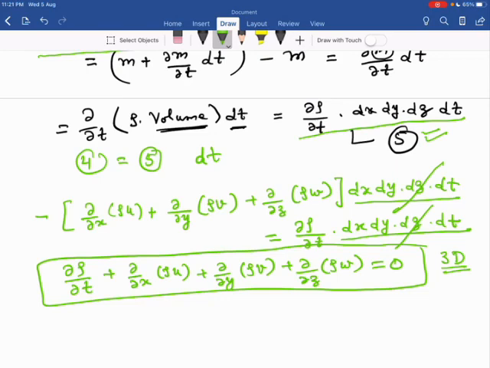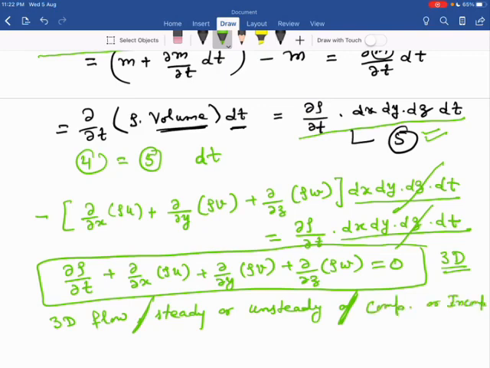So this is the continuity equation which we can use for three-dimensional flow, either it may be steady or unsteady, or it may be compressible or incompressible. So for all these conditions, this equation holds good.